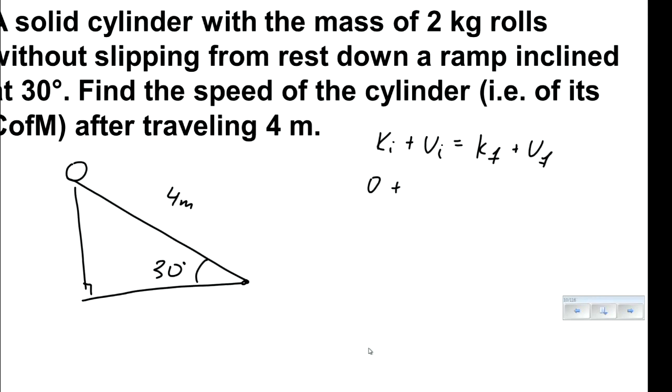So 0 plus mg height initial should be equal to, well, now we need to remember that it will also spin. That's what sometimes people forget. It will travel, but also will spin. Final.